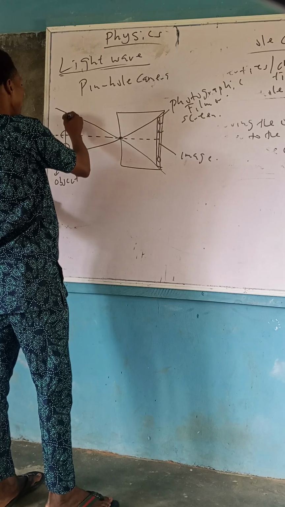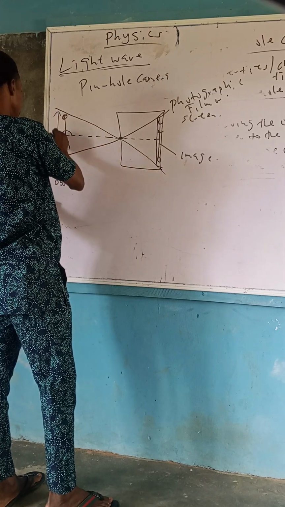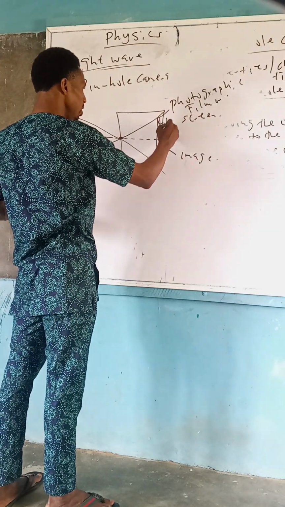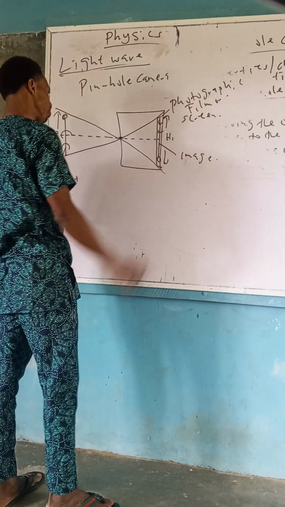This is the object, and this is the image formed. Let me call it the object height, and outward is the image, the image height, that is HI.